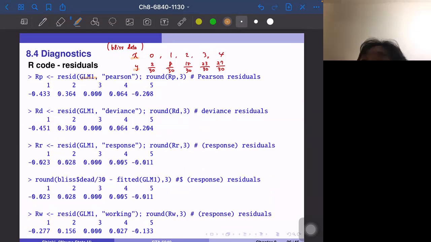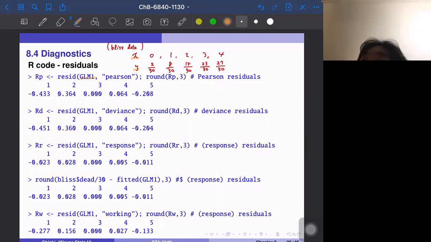Remember that this is the pesticide data, where x is the amount of pesticide and y is the number of deaths, given as a proportion such as 2/30 or 8/30.